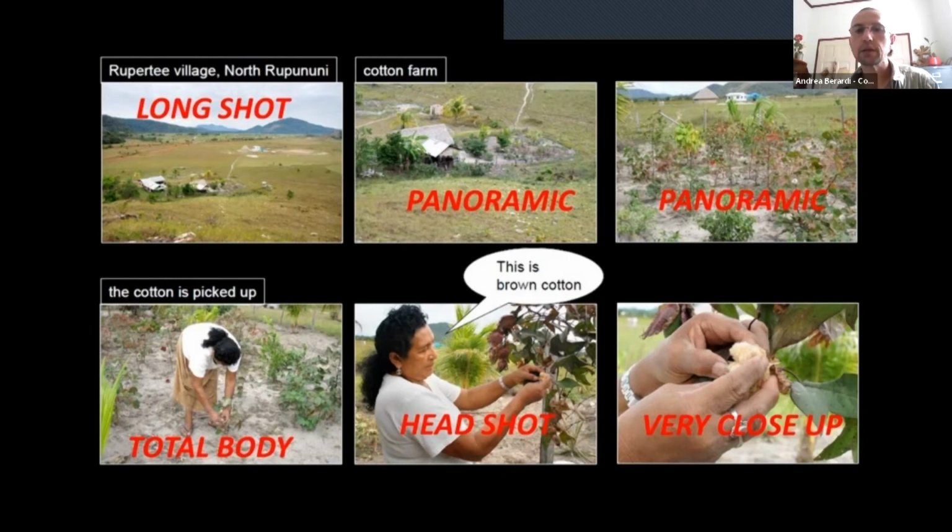They are introducing indigenous cotton farming. So you take a long shot to set the scene where the house is situated in the savannah. Then you start zooming in to the cotton farm location, and then specific actions. And there's a little bit of text, but really we're focusing on the visual communications here.